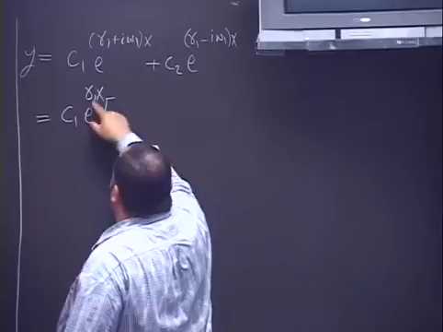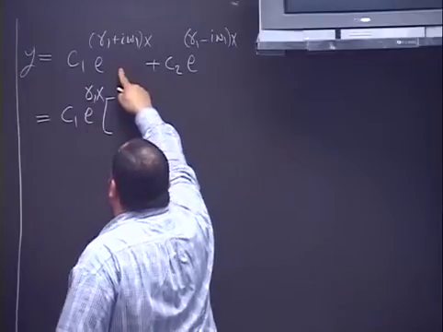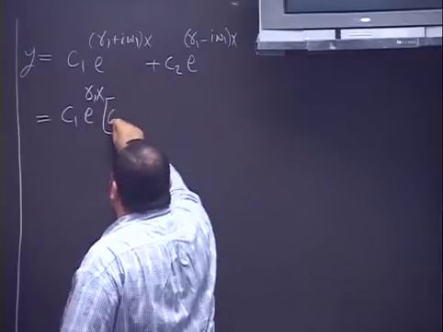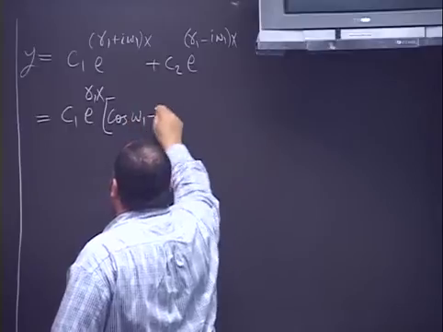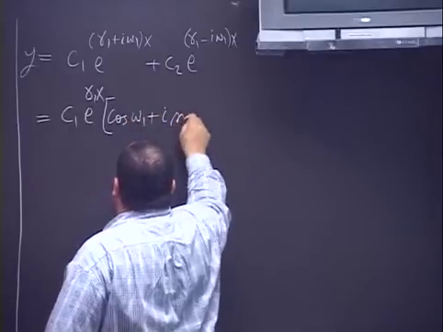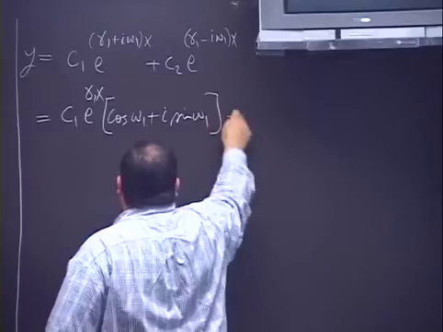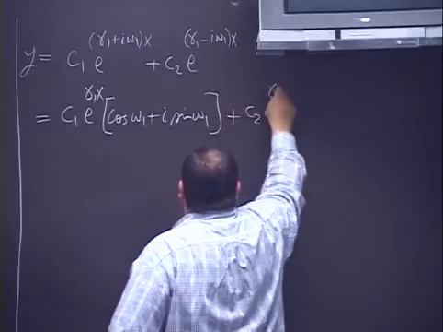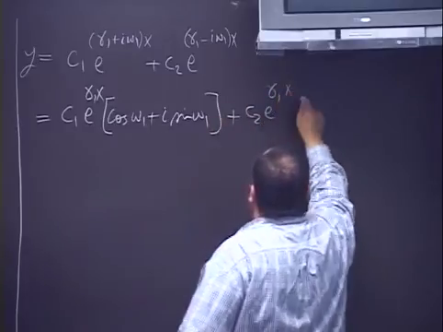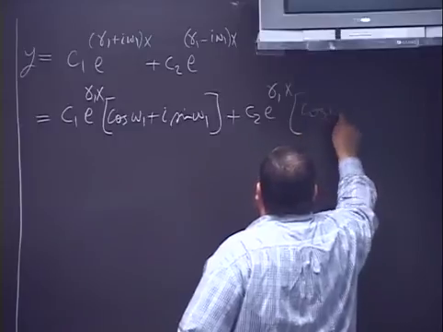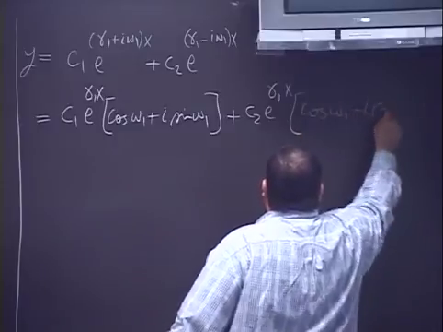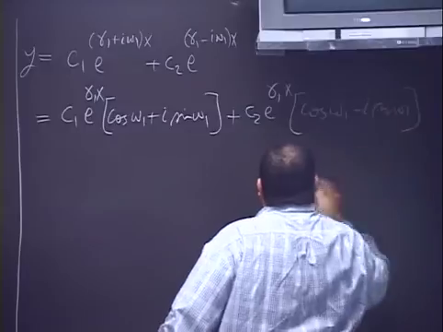So this is c1 e to the power of gamma 1 x times, what's e to the power of i omega 1 x? Cosine omega 1 x plus i sine omega 1 x, plus c2 e to the power of gamma 1 x multiplied by cosine omega 1 x minus i sine omega 1 x.